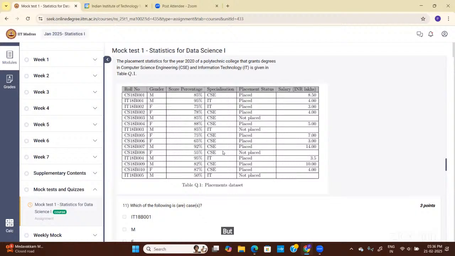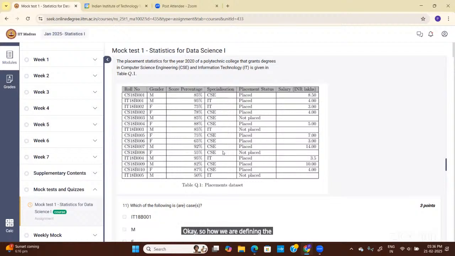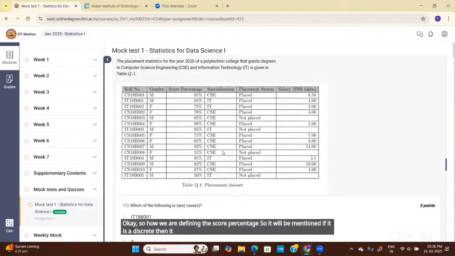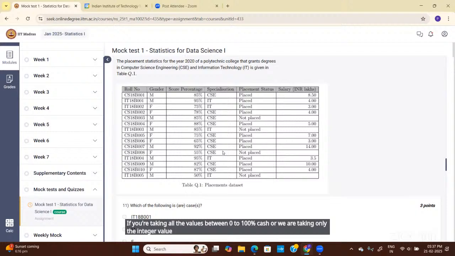The variable score percentage is in general considered by everybody as continuous, because it can be in decimals. It depends on how we are defining the score percentage. If it is discrete, it will be mentioned that we are taking only integer values. It will be mentioned for a data set whether we are taking all the values between 0 and 100 percent, or only integer values like 1%, 2%, 80%, 90%.